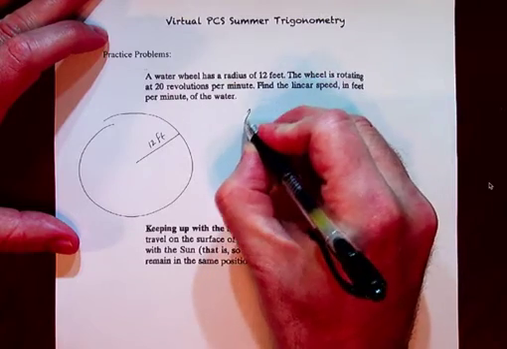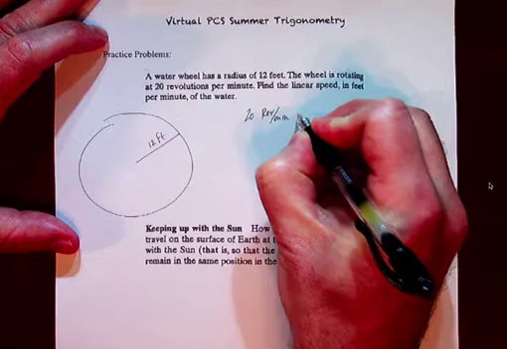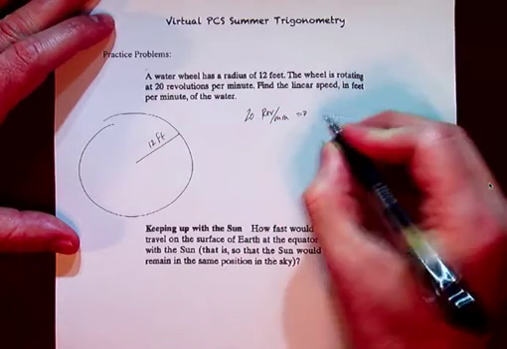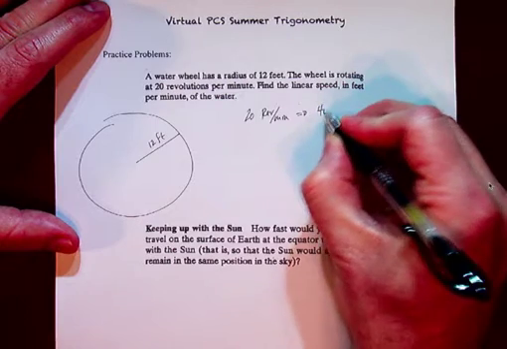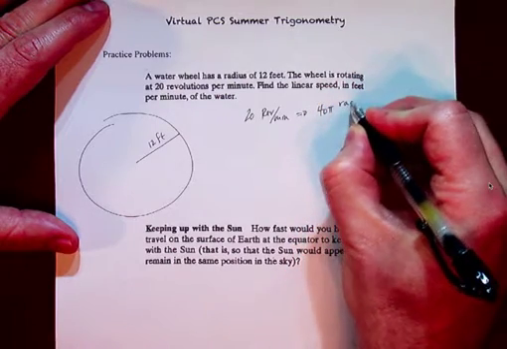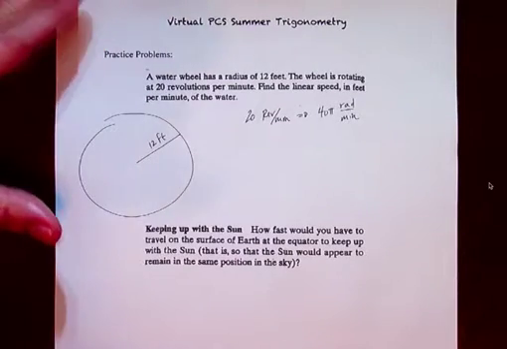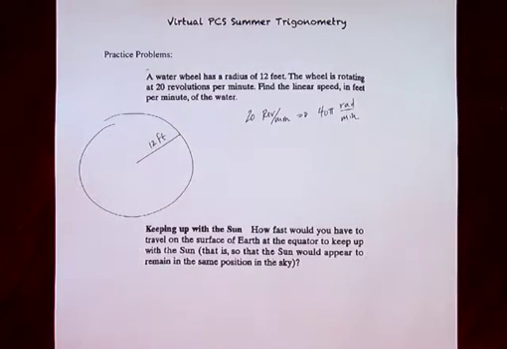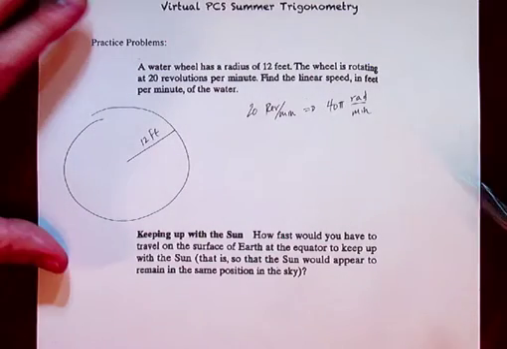So 20 revolutions per minute can be transformed, and a revolution is 2 pi, right? Can be 40 pi radians per minute. Now, what kind of unit is that? What kind of measurement is that? That's an omega measurement, right? Because that's a theta per time.